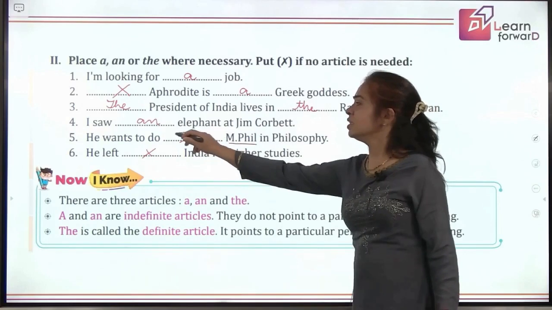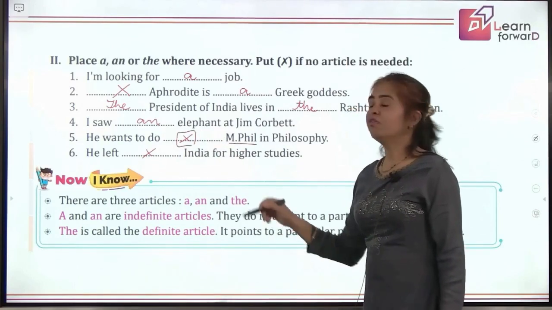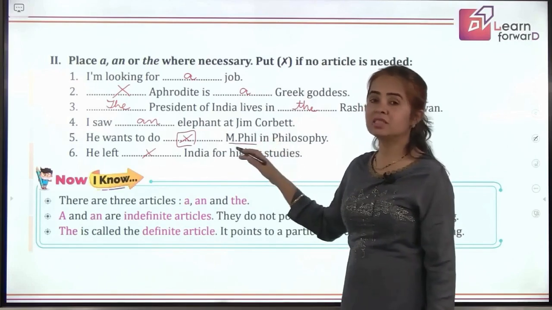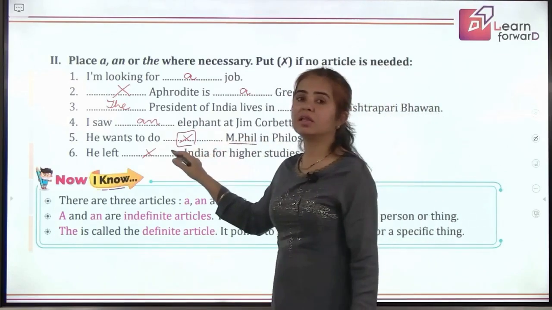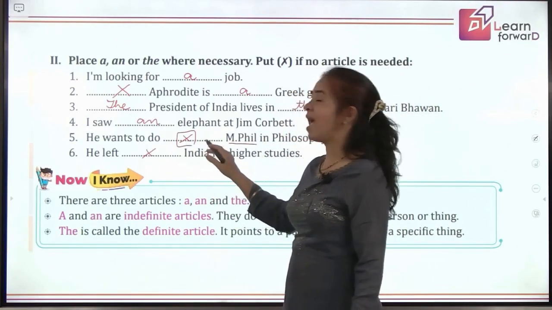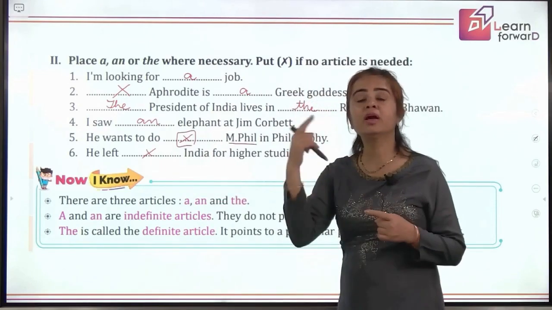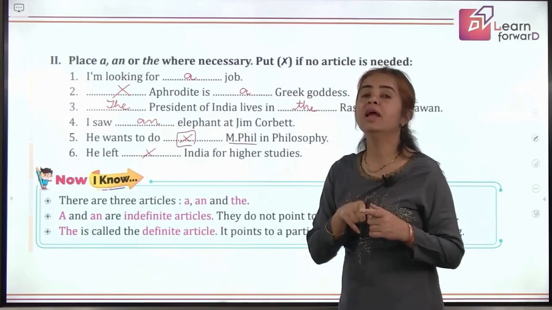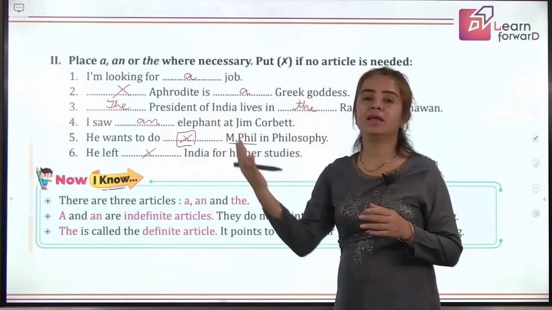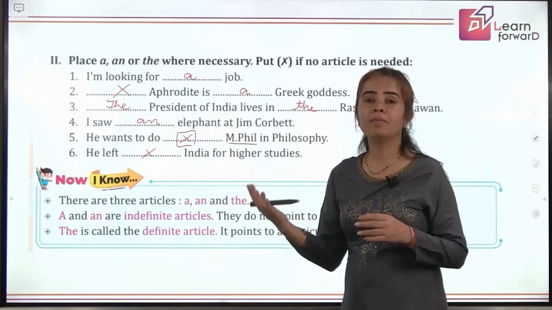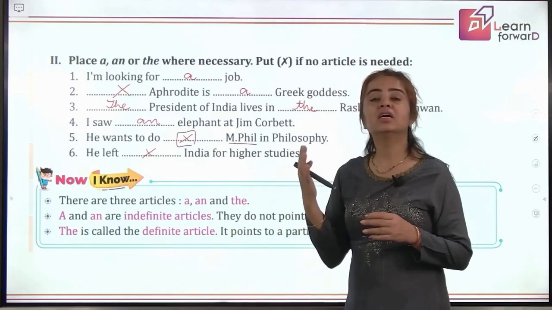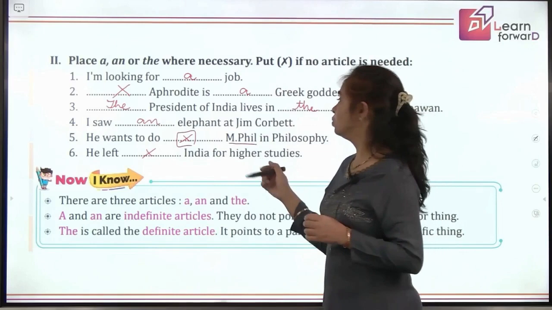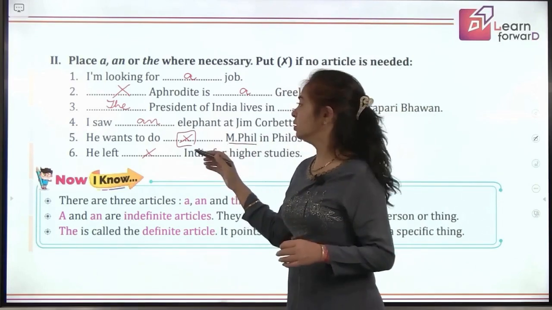Just see this difference. If we are saying this as a degree, as a subject, then we are not using an article. We will not say he wants to do an MPhil. But if I'm talking about it as an adjective, as a qualification for somebody, I'll say she is an MPhil. He is an MLA. He is an MP, right? So there we are using "an" before these words.